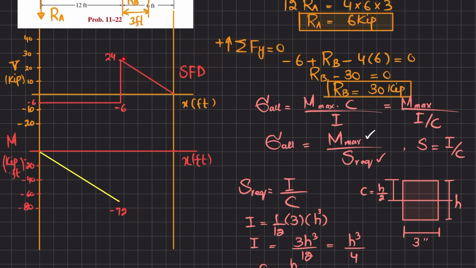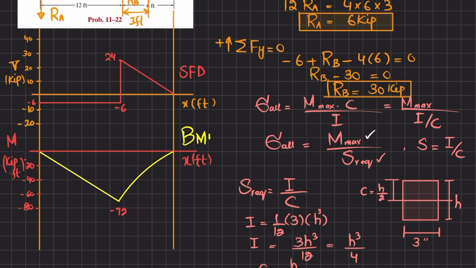Since this is a 1 degree line and the slope is decreasing, the bending moment will be a second degree curve, and the slope will be increasing because this area is positive area. So this is your bending moment diagram, BMD.